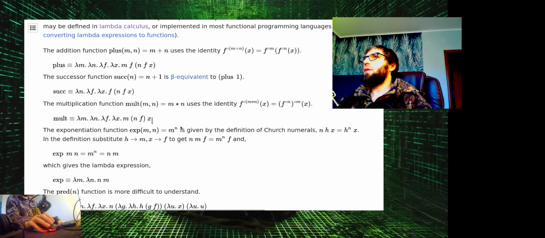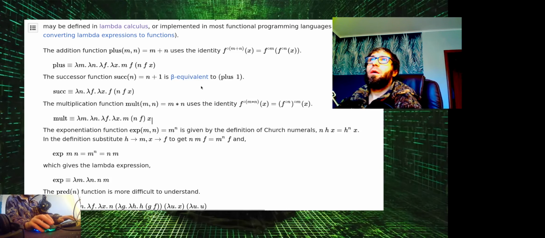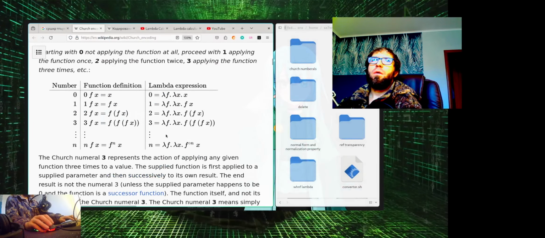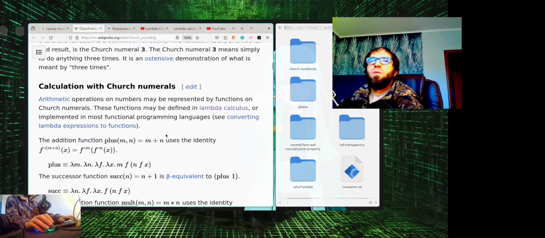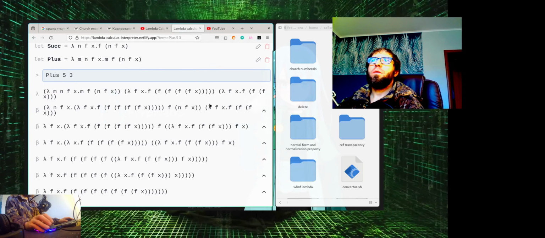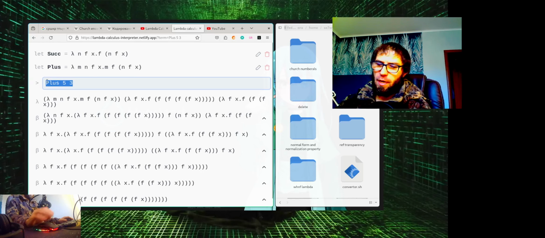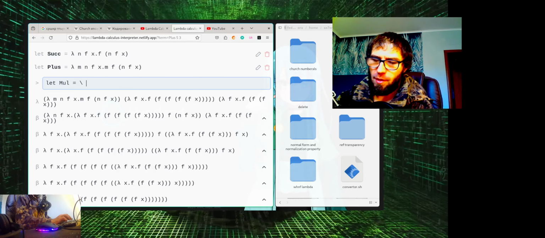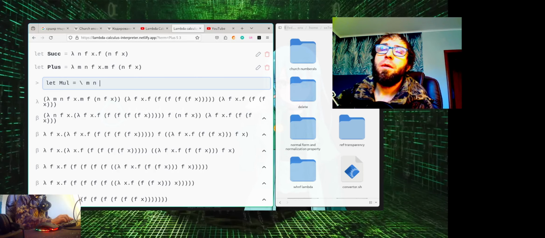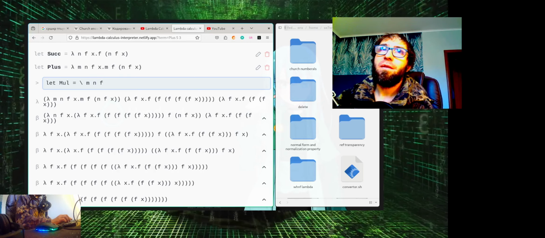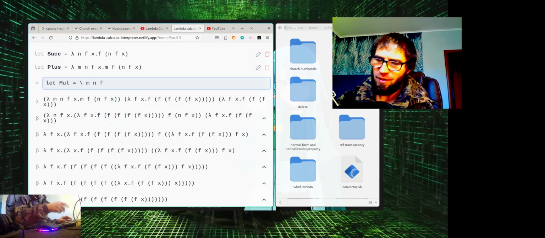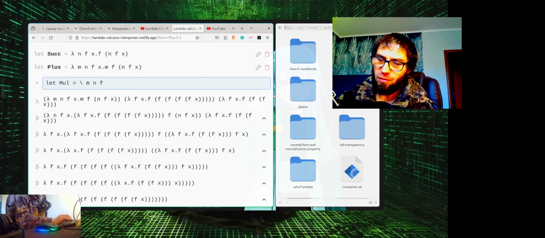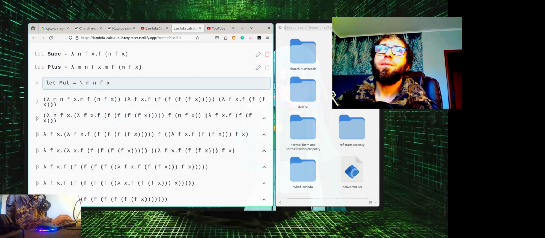I think to understand this we need to go to our lambda calculator. So I need to provide a multiplication function, and as I said, it takes some m, some n, and some f. No, it actually does not take that. This will be partial application here, and this is what we will have on the output.